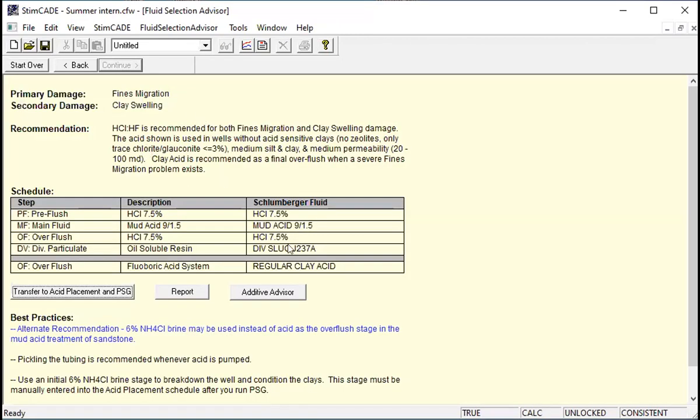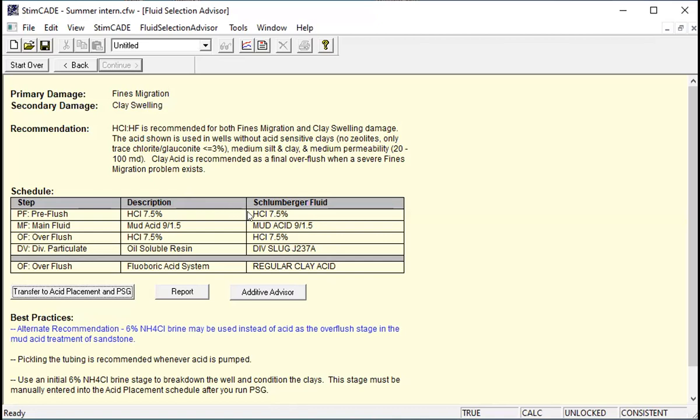So now they give us a clue of what the acid is. But what you have to note is that most of the time, most companies may not have some of these acids exactly as it is defined here, but this will give us a clue of what property of acid we need.